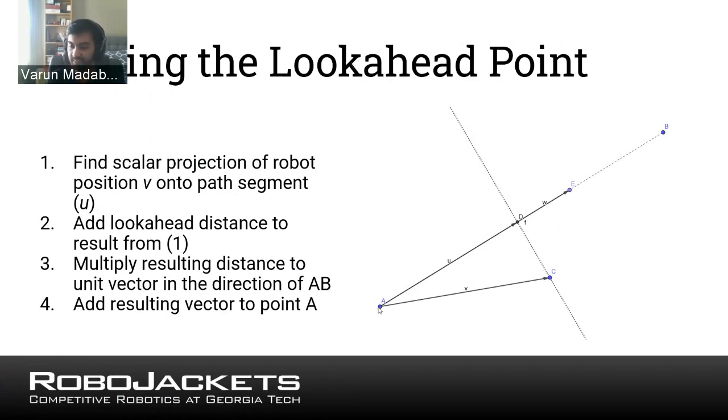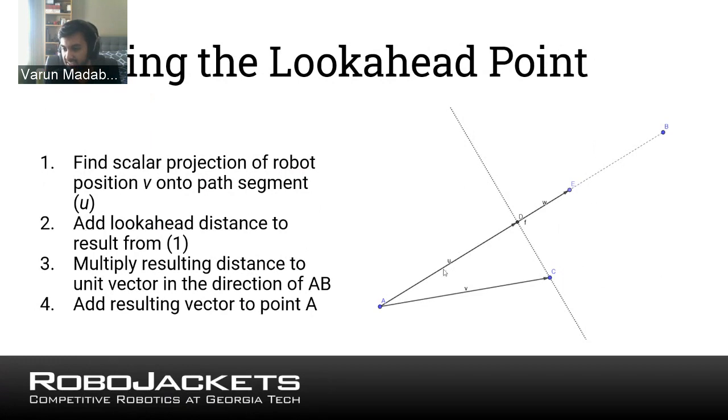So let's say that the path is a line segment from A to B. So we have two waypoints, A and B. And the robot is currently here at C. The first thing we want to do is find the scalar projection of the robot onto the path. Which means we want to find here this vector V and this vector U. We want to find the scalar projection of V onto this one.